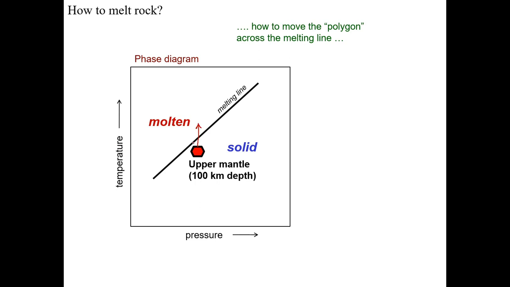However, a very effective way of melting the mantle that most people, unless you're a geologist, don't think of, is to move it to the left, or lower the pressure.